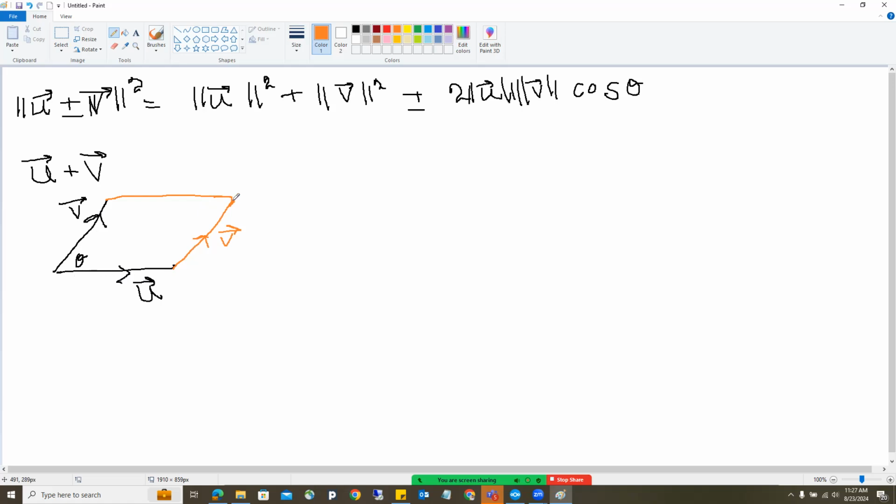Now, vector u plus vector v means, if we want to calculate this, actually this entire diagonal. Is it clear? This entire diagonal will represent what? U square plus V square.